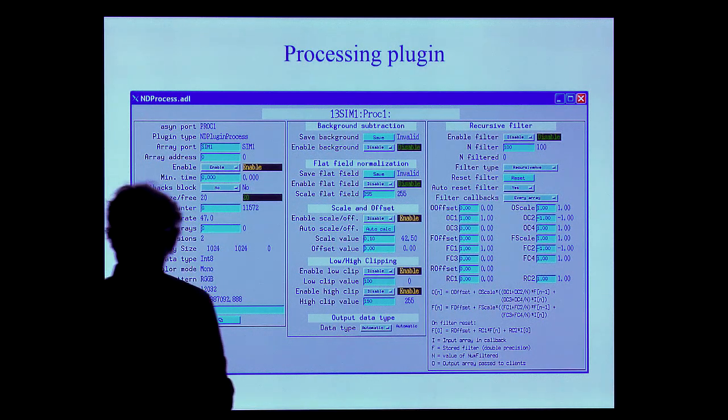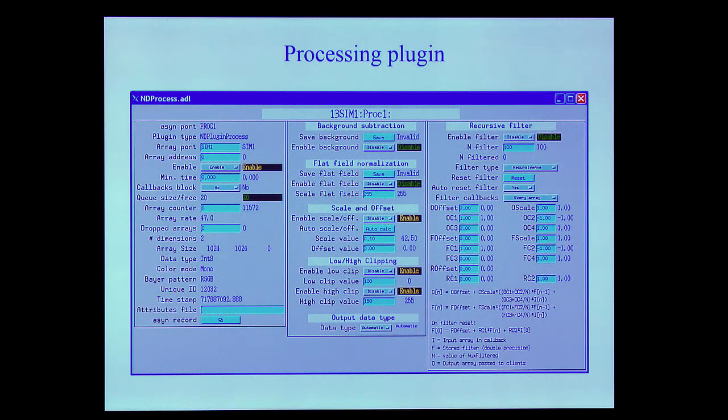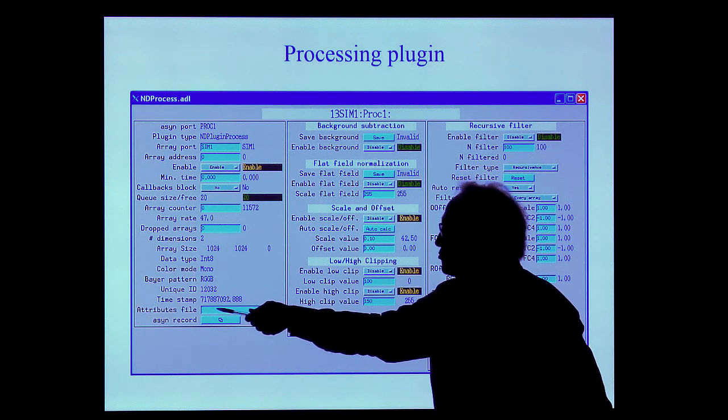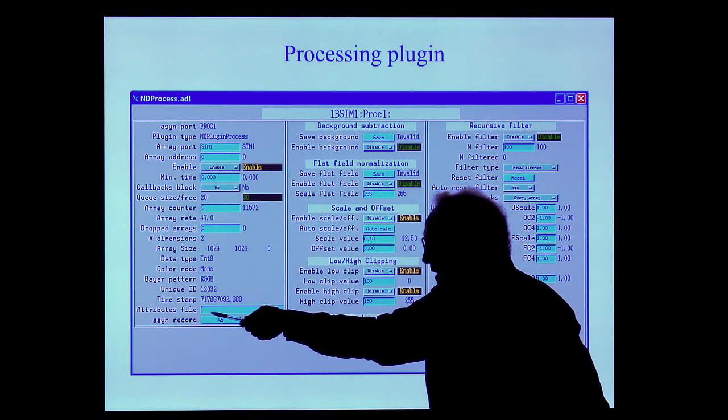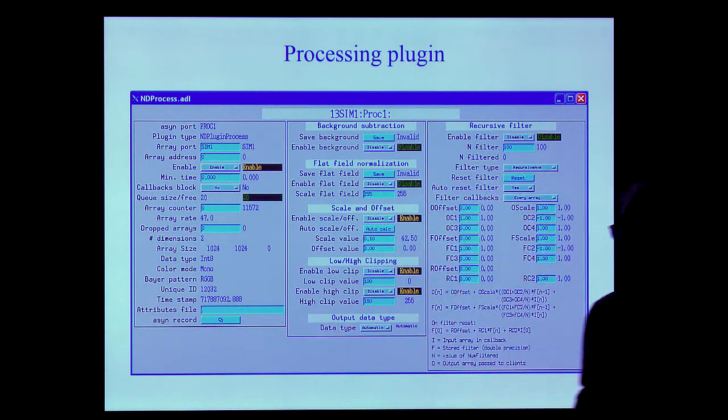Yeah? Two questions. For the post-processing that's being done, what's being saved out in the way of provenance about what post-processing was done to produce that image? That's a good question. Every driver and every plugin has a field here called an attributes file.